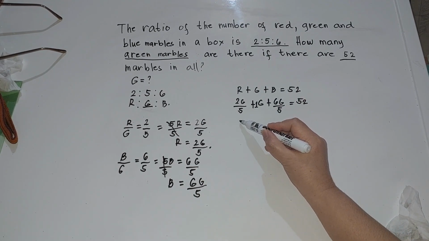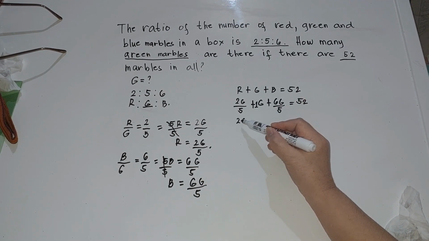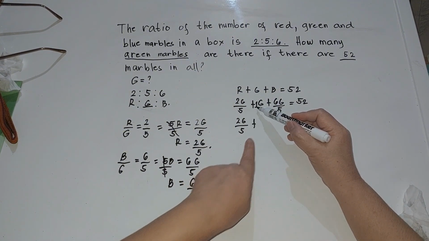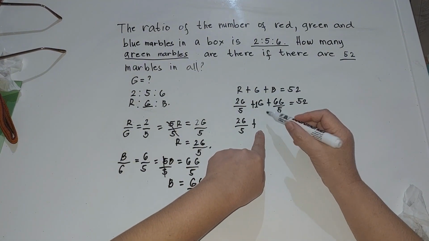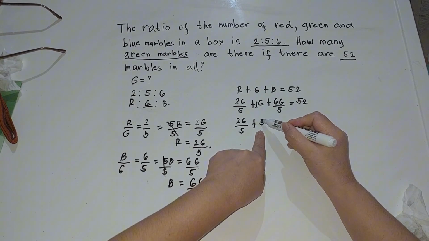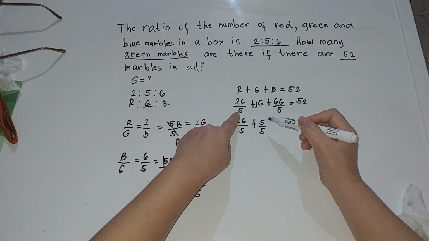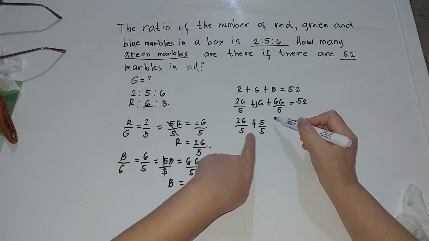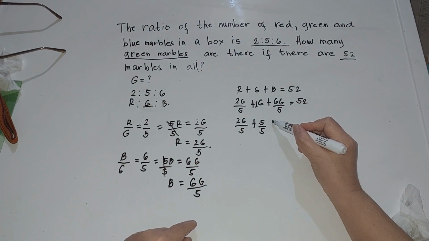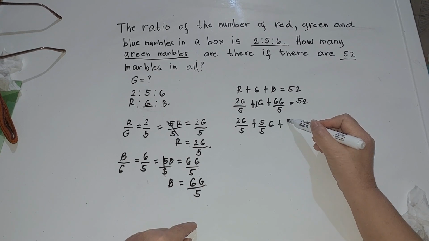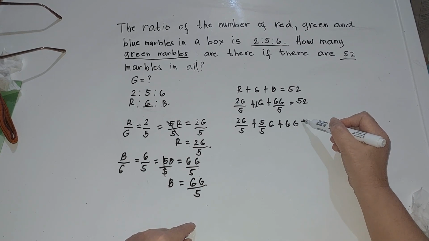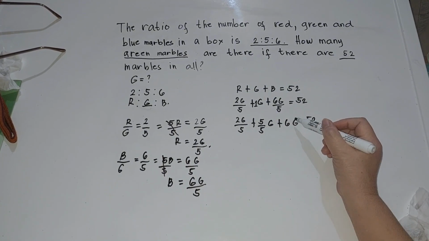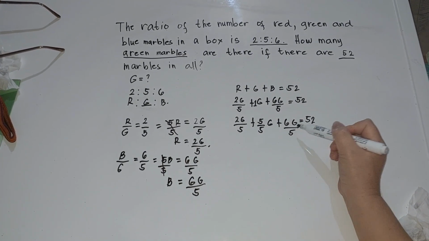So this is now 2G over 5 plus, we'll make this a fraction, 5 over 5. Since the denominator is 5, we will use it here. So 5 over 5 is equal to 1. This G plus 6G is equal to 52. Okay, we can add now. This is over 5.